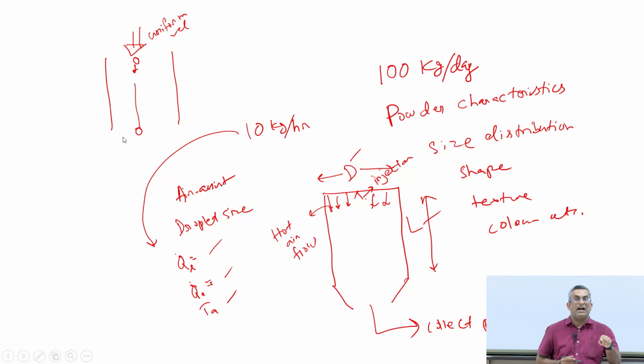For that you need to know a model for the droplet evaporation. What is the rate at which the droplet evaporates? How will you know? You rely on a model.